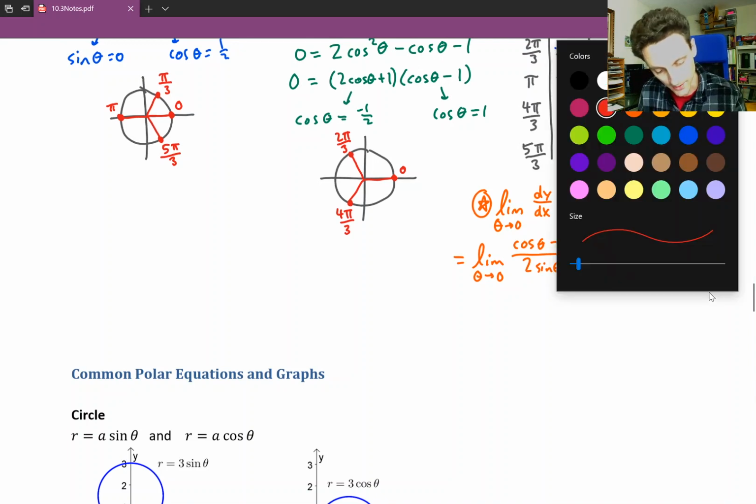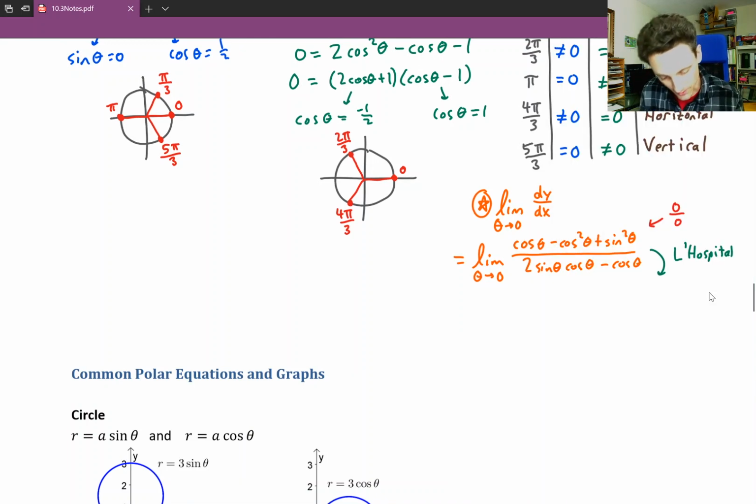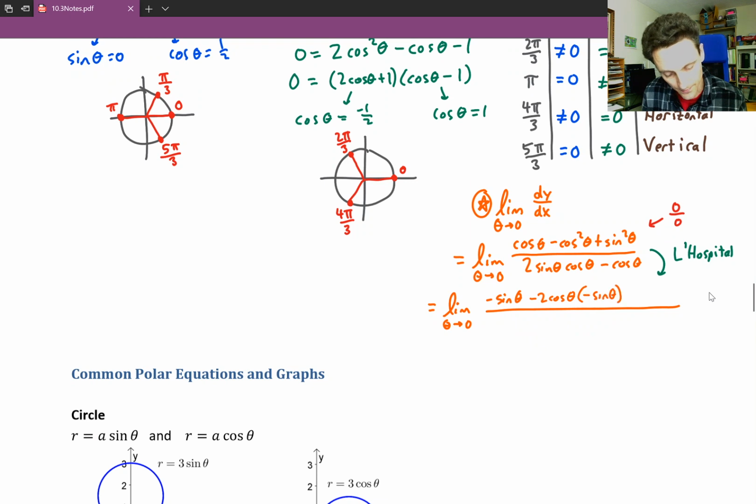L'Hopital says we take the derivative of the top and the derivative of the bottom separately. Let me convert to those derivatives. Derivative of cosine is cosθ. Derivative of cos²θ is going to be 2 cosθ times negative sinθ. Then the derivative of sin²θ is 2 sinθ cosθ.